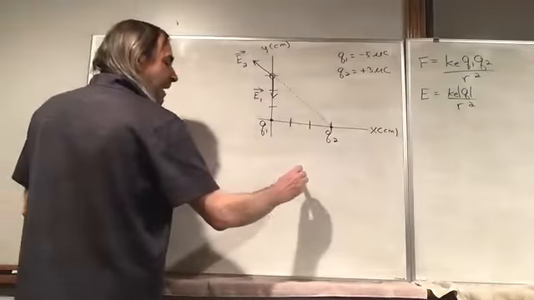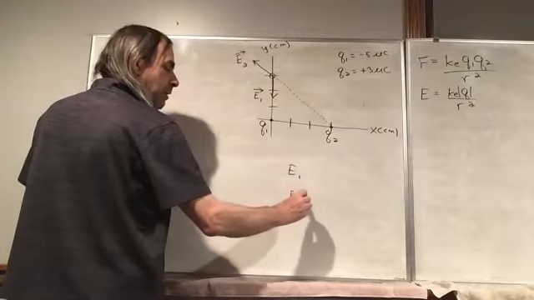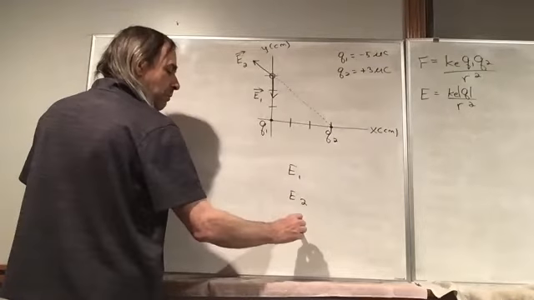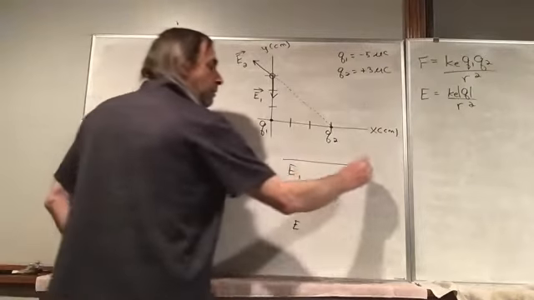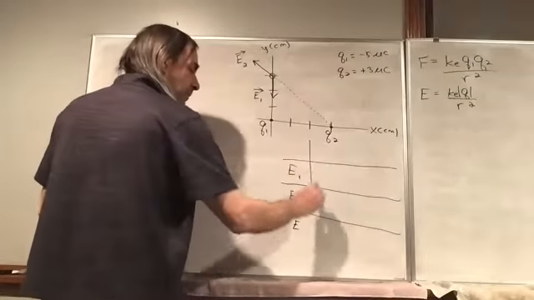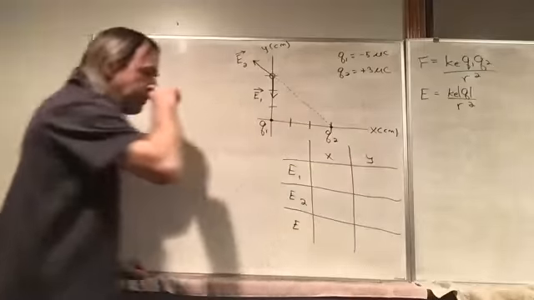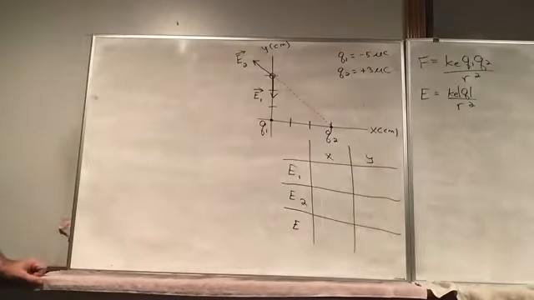So it's good to make a table. Say we have E1, E2, and then E, which is the resultant electric field. And then we have our X and Y directions.